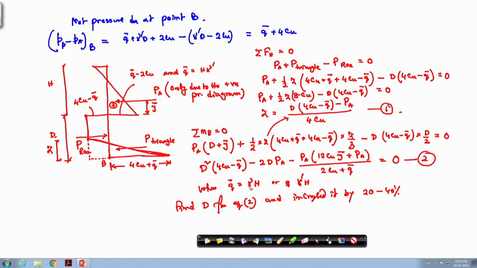Now, that z expression you put here, you will get this total expression. So, this q bar you determine depending upon the water table. If the total soil is below the water table, then you have to consider gamma sub into H, but some portion of the soil may be above the water table, some portion may be below. So, above the water table you have to consider gamma into H, and below the water table you have to consider gamma dash or gamma sub into that H1 or H2, whatever the height.